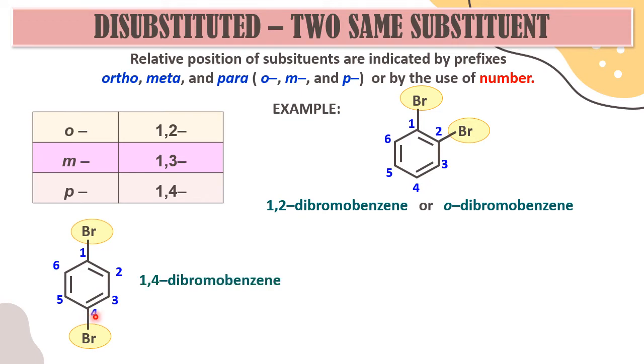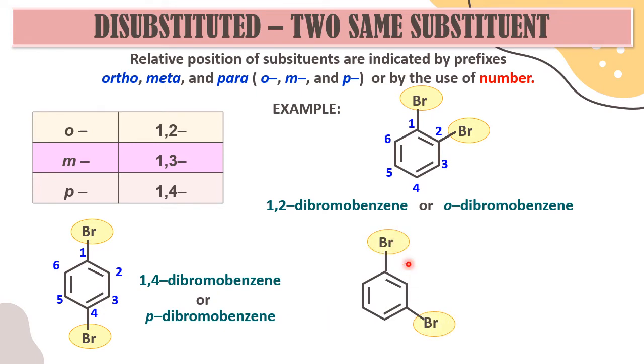So the name will be 1,4-dibromobenzene, and the 1,4 position is the para position, para, half of our benzene ring. So you can write it down as p-dibromobenzene.